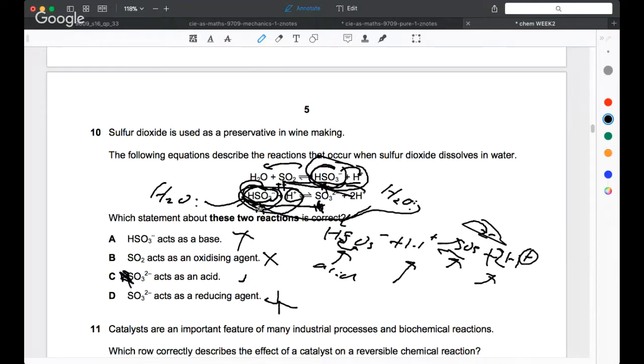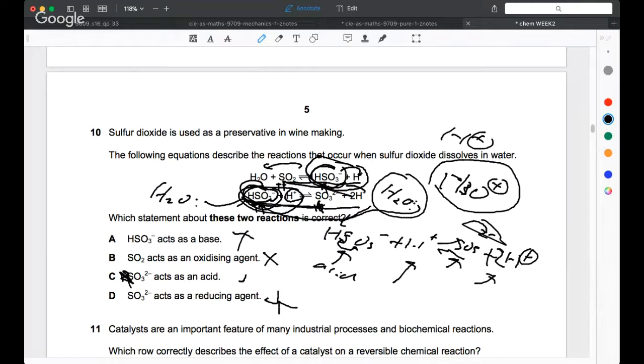But in this question, it just omits this water molecule, because when a water molecule takes a proton, it becomes that. So this is like another way of writing H plus.